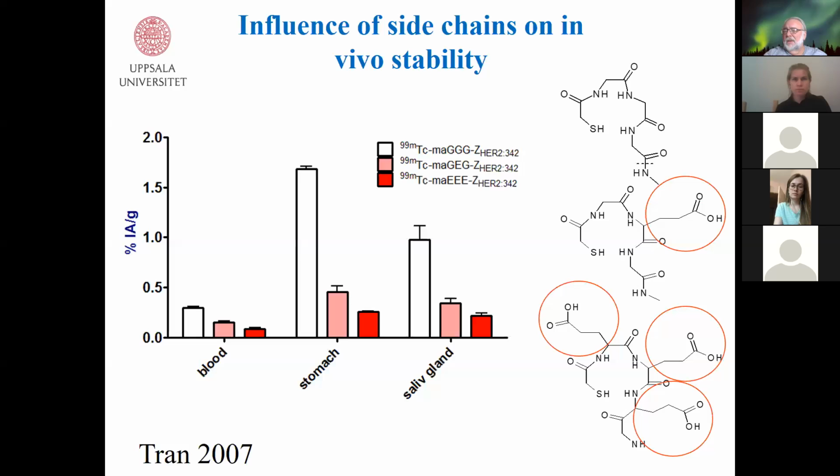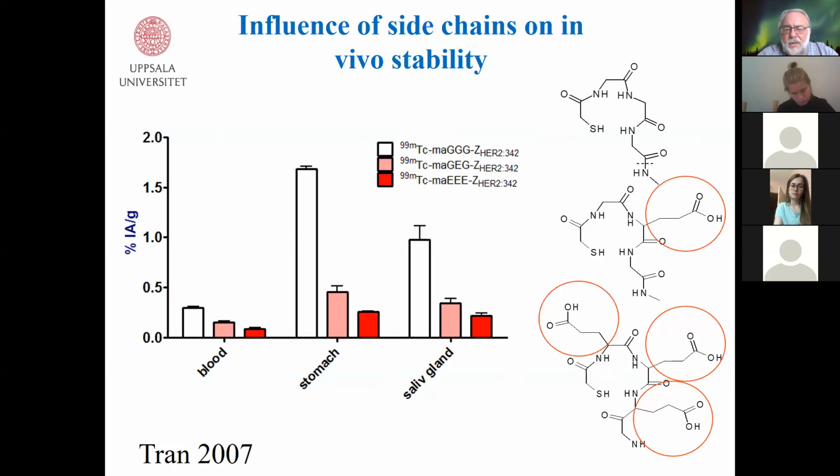A similar effect we have seen also in the case of the use of glutamate. Again, addition of a single glutamate reduces activity in blood, stomach and salivary gland, and this effect was clearly proportional to the amount of glutamate in the complex.